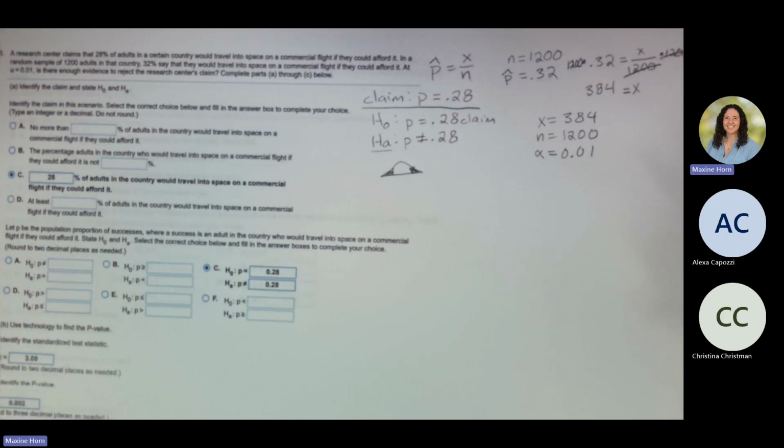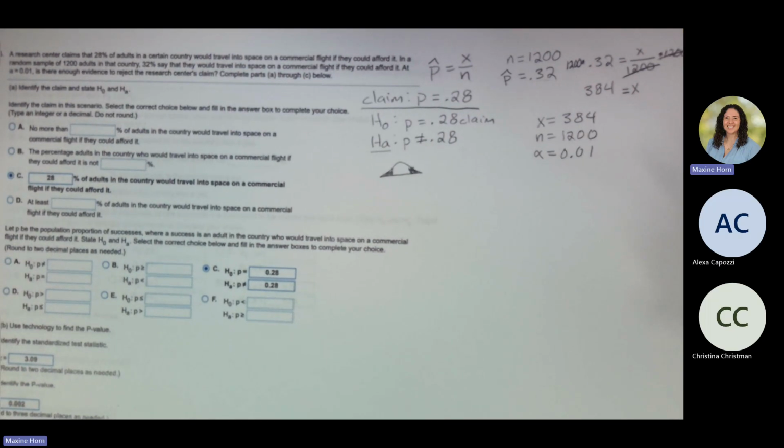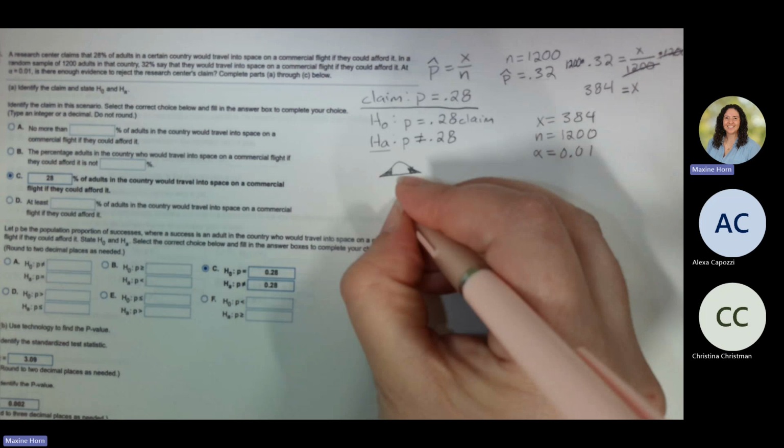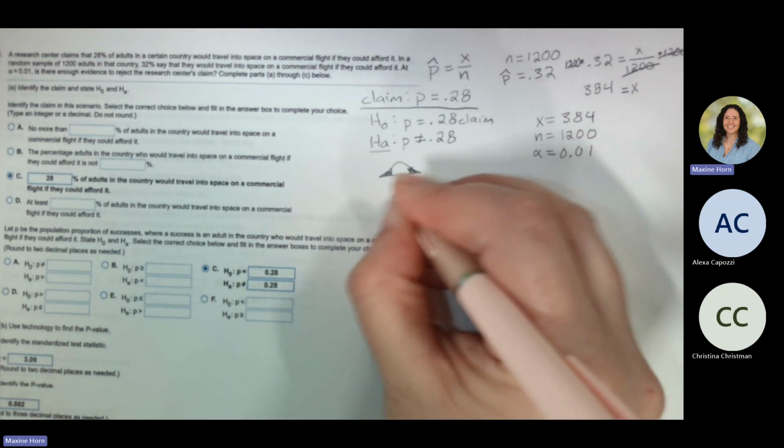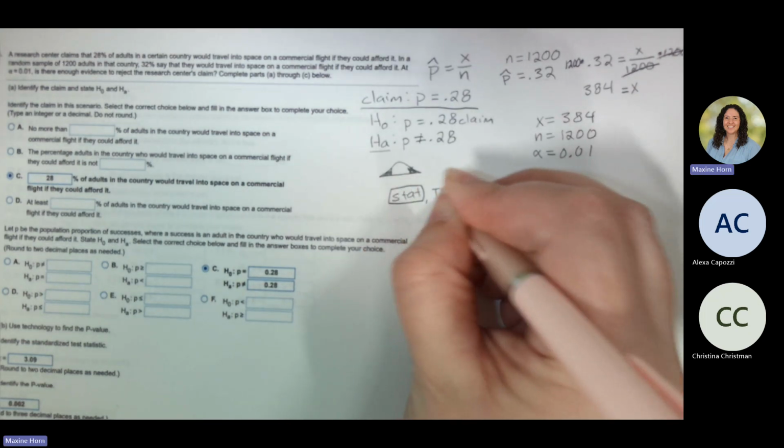Okay, so now this is a proportion, right? This is not the ones that we've been doing before, where we have a sample mean or a sample standard deviation versus a population standard deviation. So what test are we doing? It's in the same menu, right? It's still stat, and then tests.